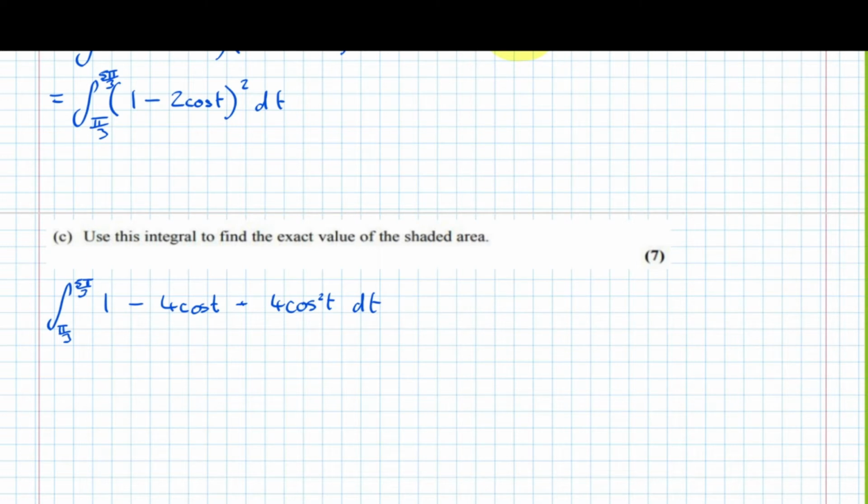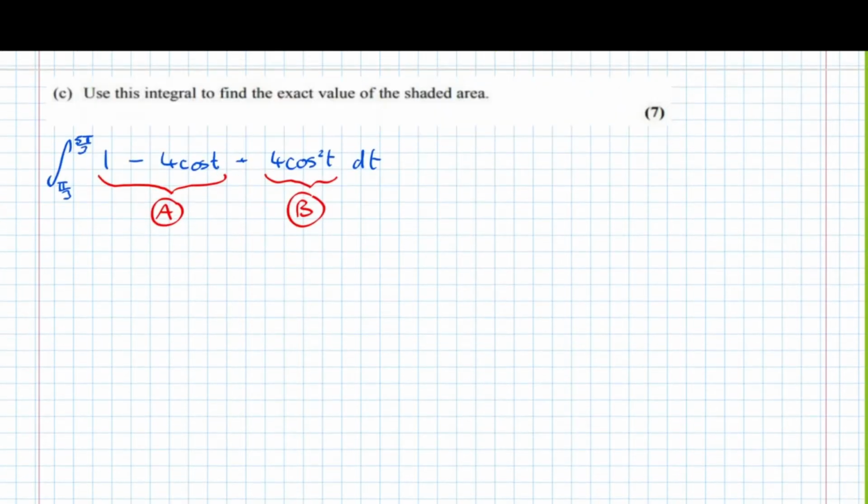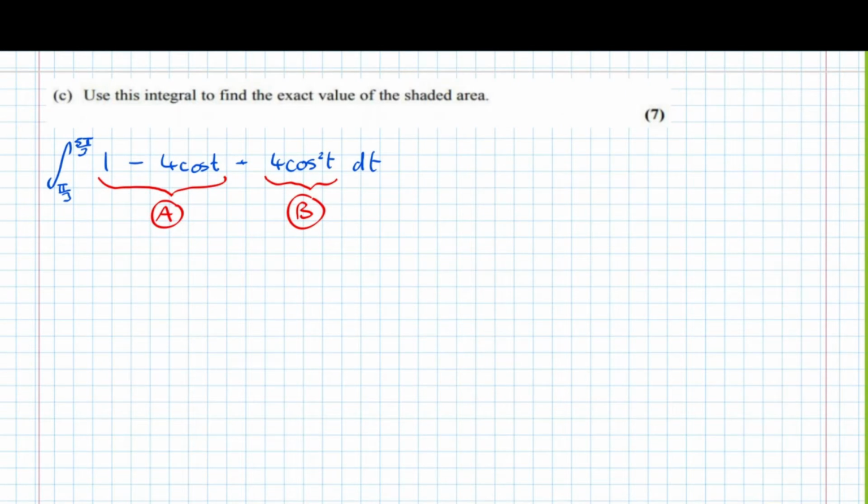And technique-wise, there's a lot to process there. I would try and split this up into 2 separate questions. The easy part, part A, and the hard part, part B. So I would do part A first. So get the easier marks first. So do that integral, 1 minus 4 cos t, between 5/3 pi and pi over 3.